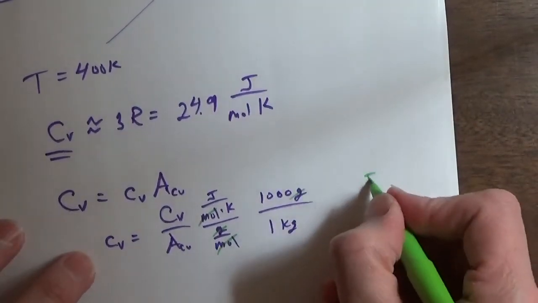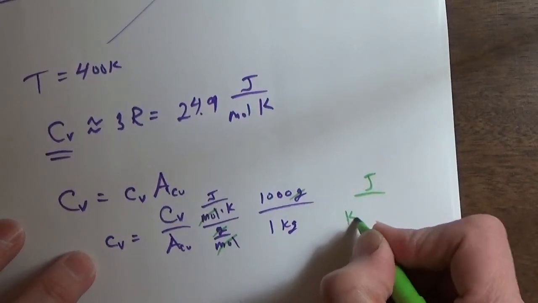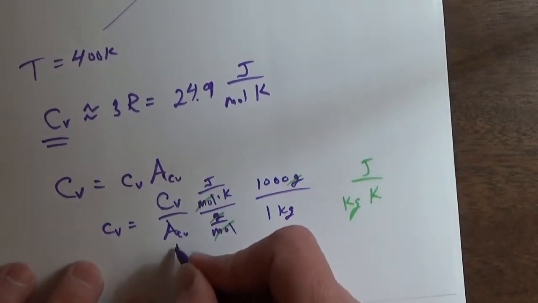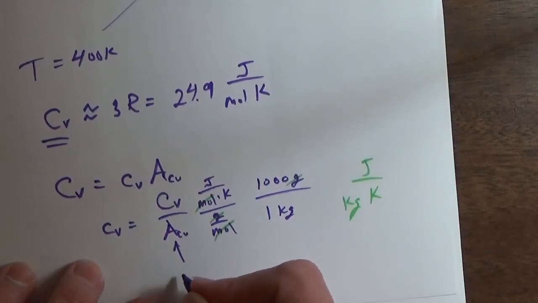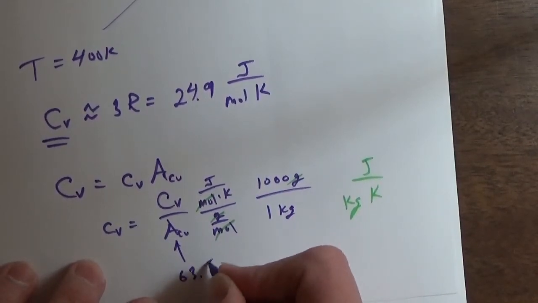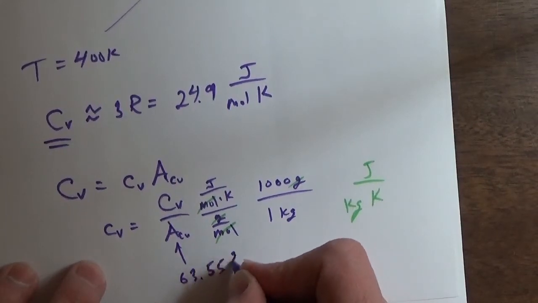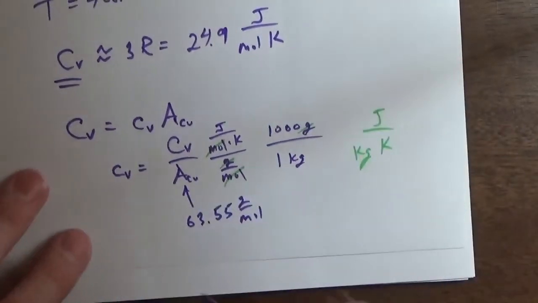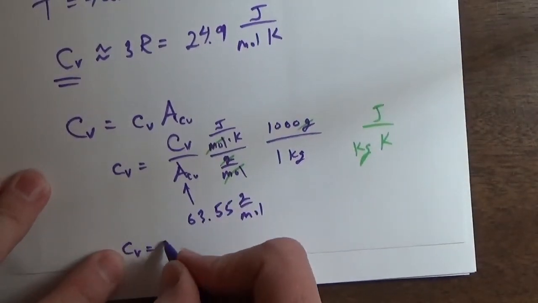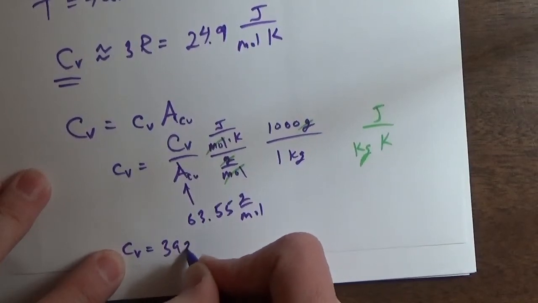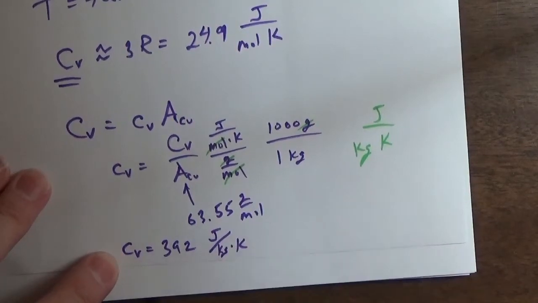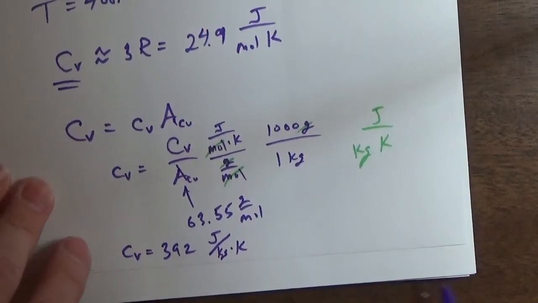So now we have joule per kilogram K. In the case of copper, of course, this is 63.55 gram per mole, which ultimately gives us little cV is equal to 392 joule per kilogram K for the specific heat.